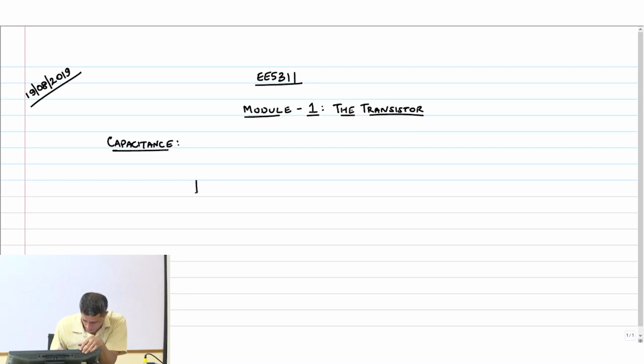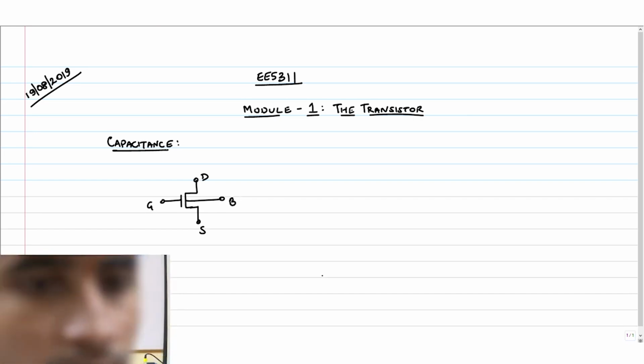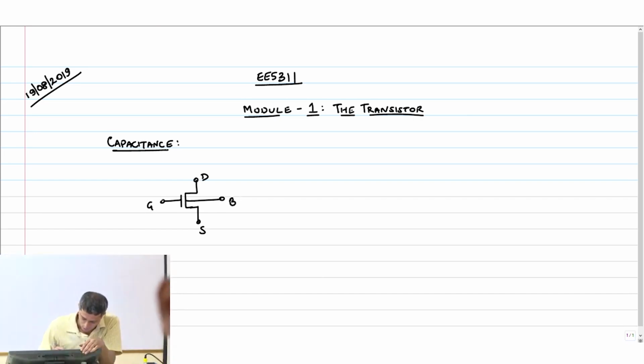So the discussion we had last time was the transistor is obviously a 4-terminal device. The gate, drain, source and body, and you have capacitances almost across all the terminals, right.